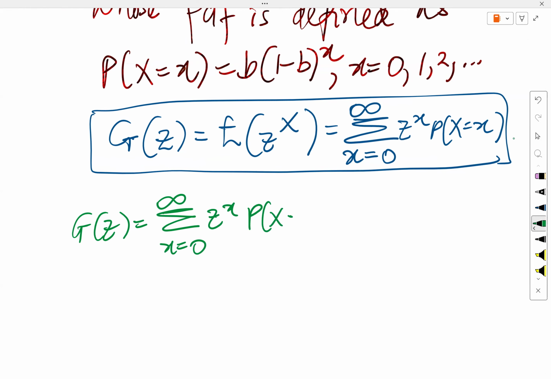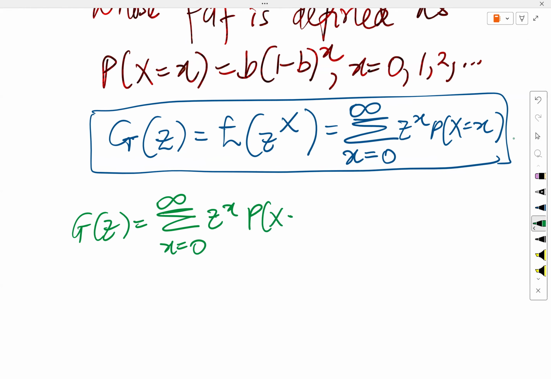And P of X equals x is defined here, so we can just use this. So we have the summation from x equals 0 to infinity of Z raised to power x multiplied by b into 1 minus b raised to power x. So we have it set up.